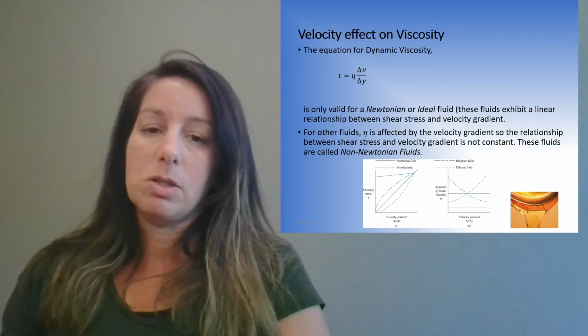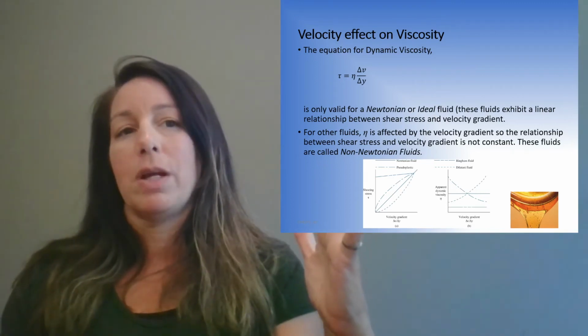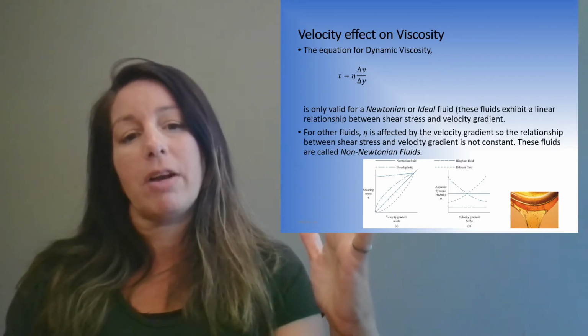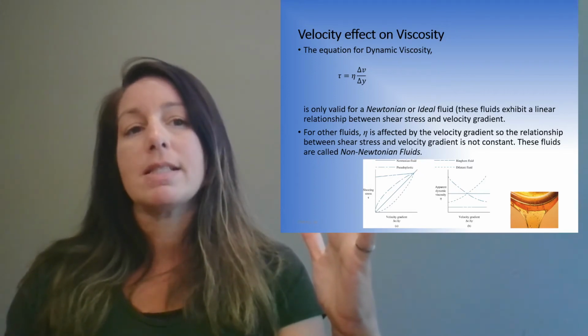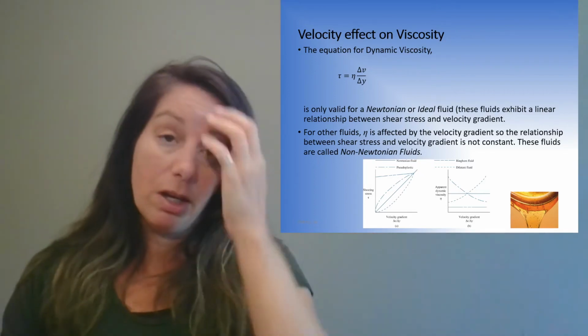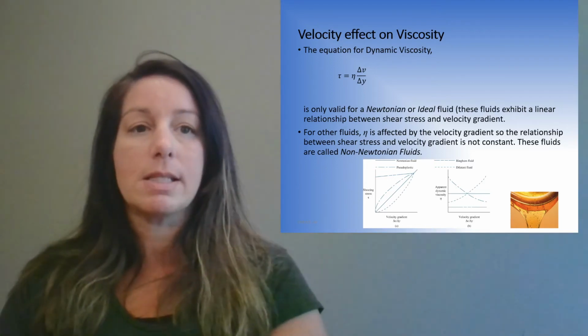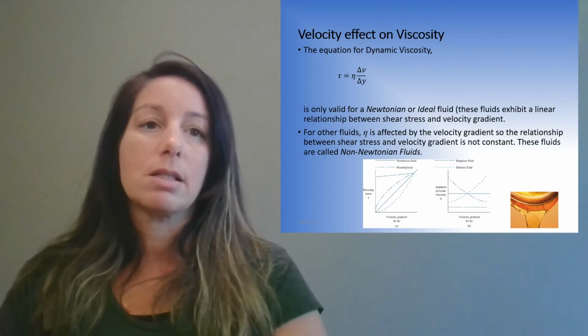So basically we've got Newtonian, where everything's a nice little line, and we've got these non-Newtonians where it's not a nice little line. We've got a graph here. What do we got here? If we look at this figure A, shear stress tau is on the y-axis, and velocity gradient, change in velocity over change in height, is on the x-axis.